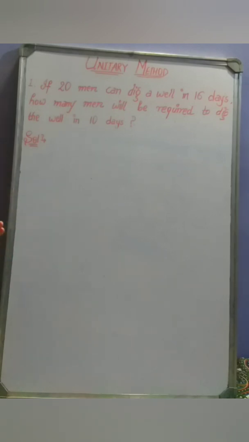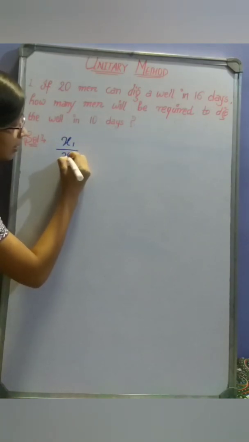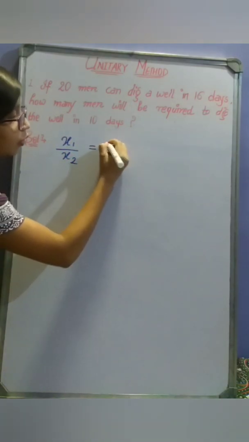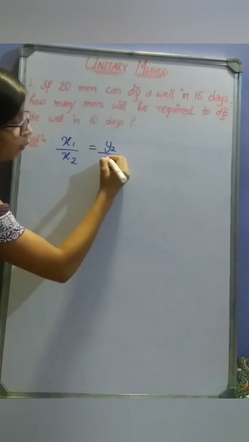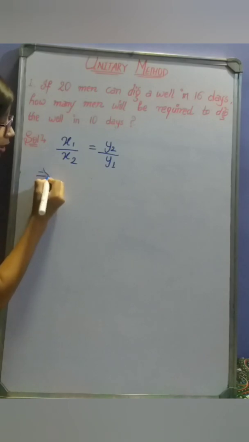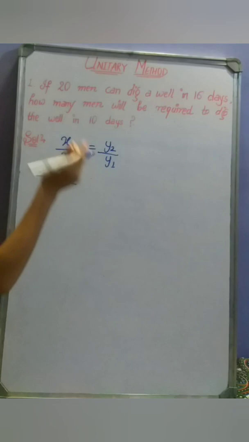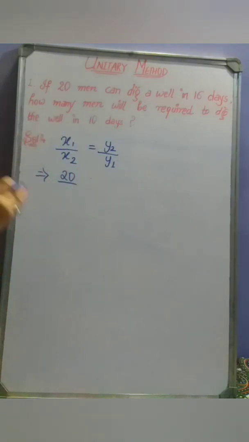So in indirect proportion we write x1 by x2 is equal to y2 by y1, as it is indirect proportion. So here x1 is 20 men. Now we don't know how many men are required to dig the well in 10 days.